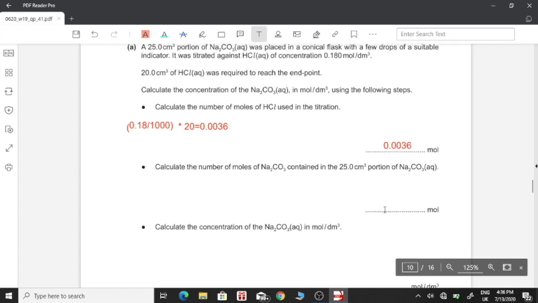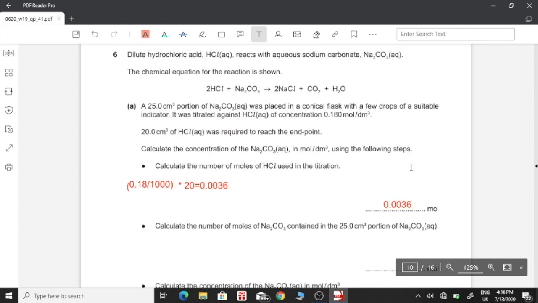Okay. Calculate the number of moles of sodium carbonate contained in the 25 centimeter cube portion of sodium carbonate. So for sodium carbonate, we only have the volume, and we do not have the concentration. However, we can use the equation to deduce the number of moles.